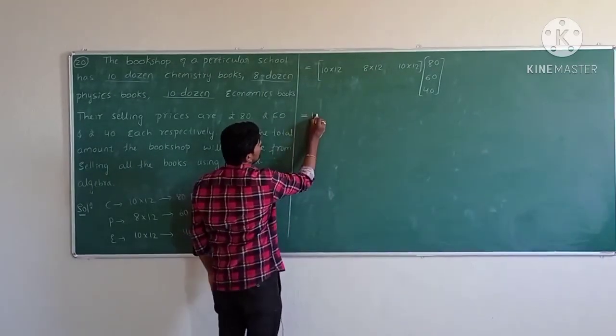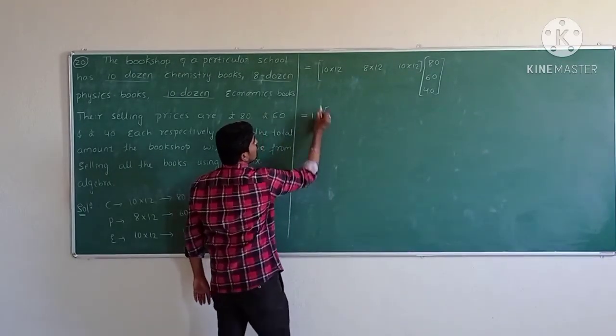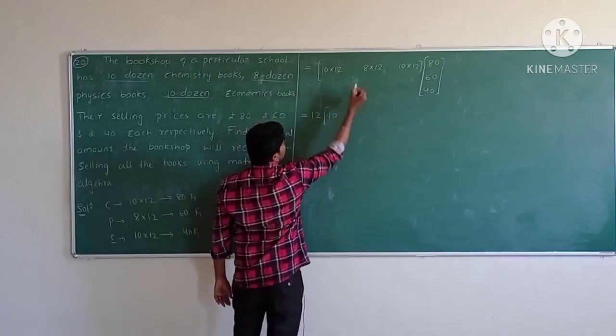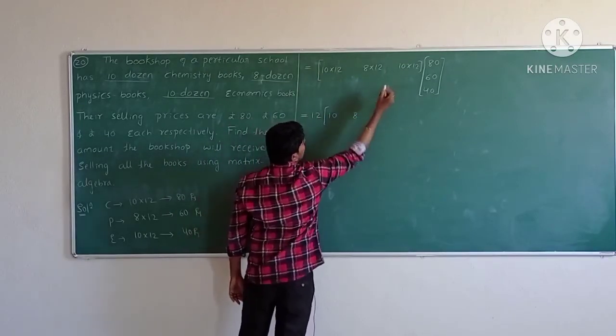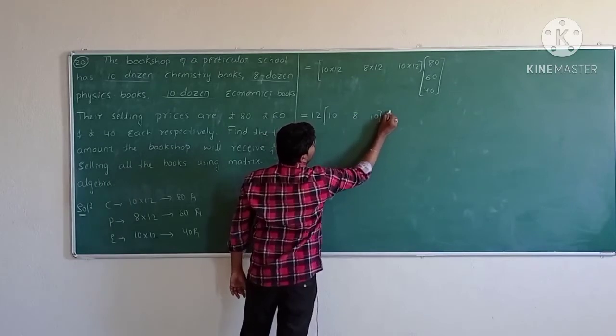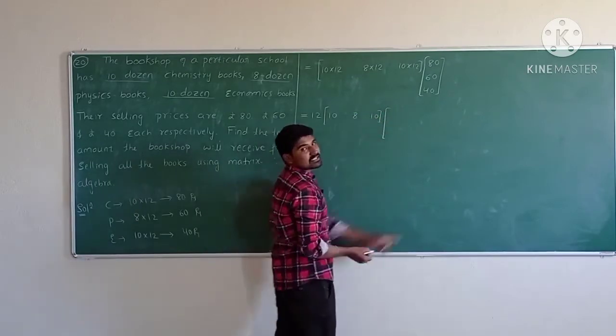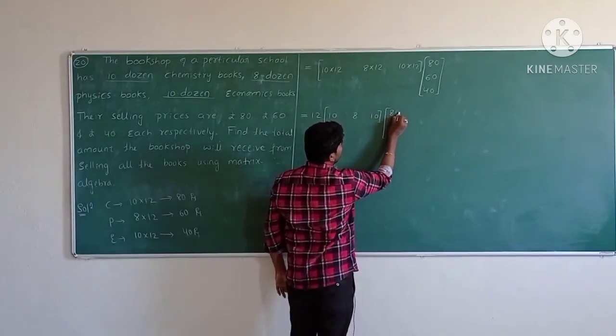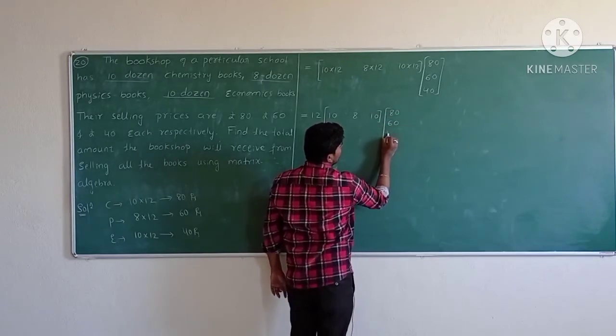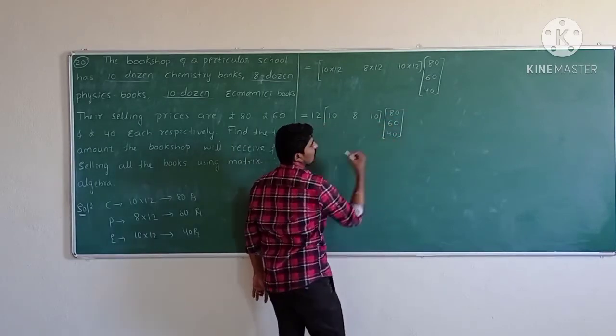So 12 is common. The row elements 10, 8, 10 multiply the column matrix consisting of the elements 80, 60 and 40.